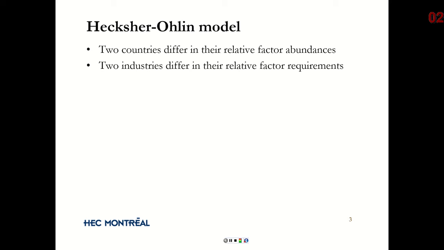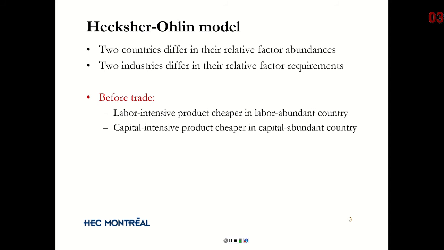Okay, and so what you saw in this model is that if these countries do not trade with each other, then because one country is more abundant in labor, in that country the labor intensive product is relatively cheaper than in the other country, but the capital intensive product is relatively more expensive.